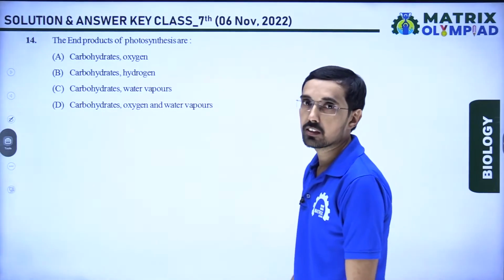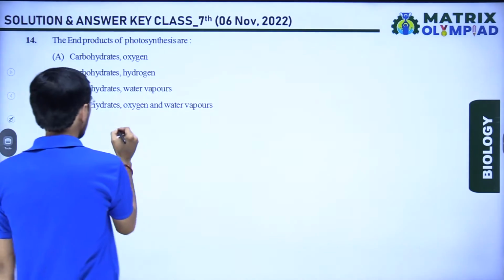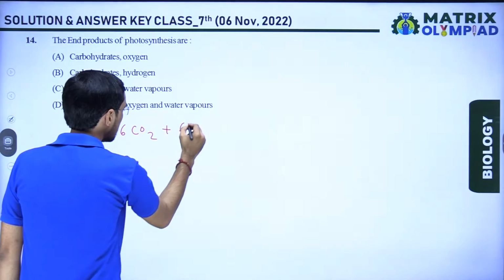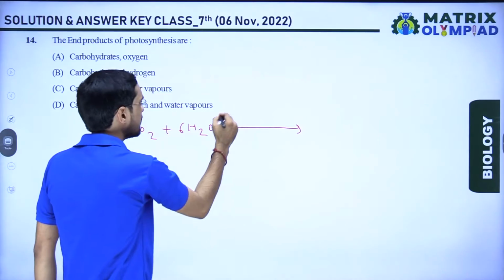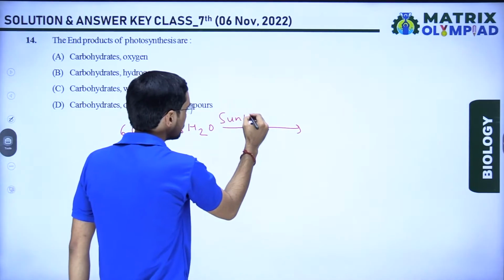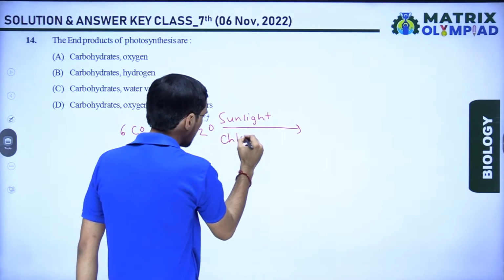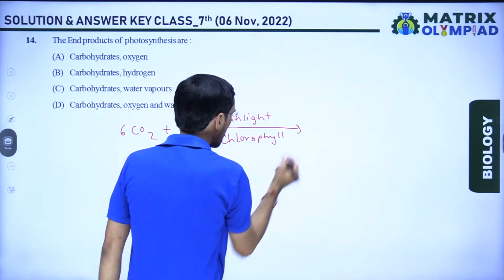As we all know, the chemical equation of photosynthesis is 6CO2 plus 6H2O, in the presence of sunlight and chlorophyll, the pigment which is present in the leaves of the plant.